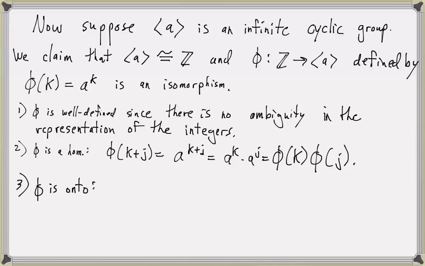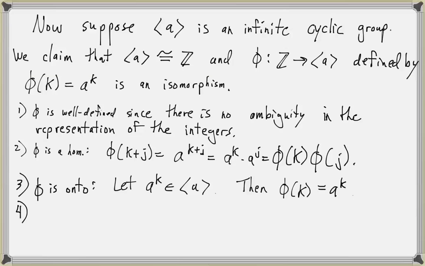Well, let a to the power k be an arbitrary element of the cyclic group generated by a. Then phi of the integer k equals a to the k. So phi is onto.